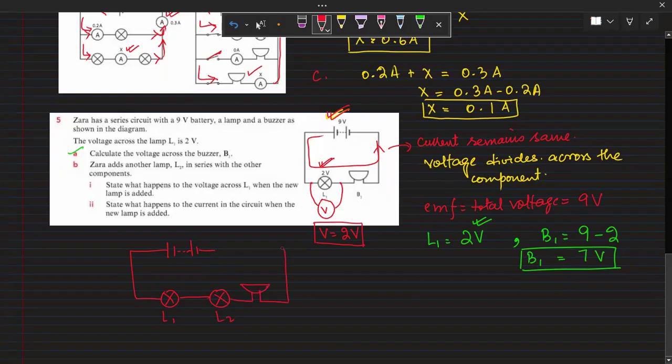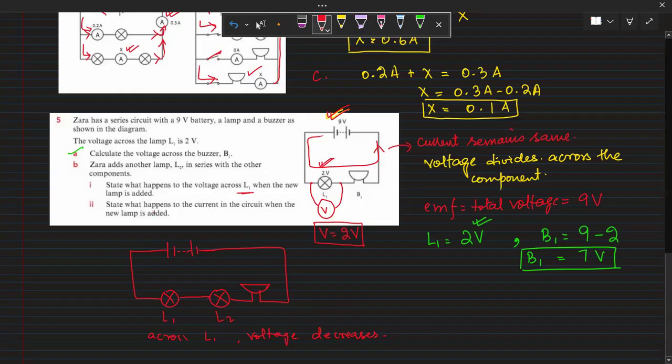The voltage drop decreases. Clear? Across L1, voltage decreases, so as to keep the total voltage the same, because we are not adding a cell or battery here.